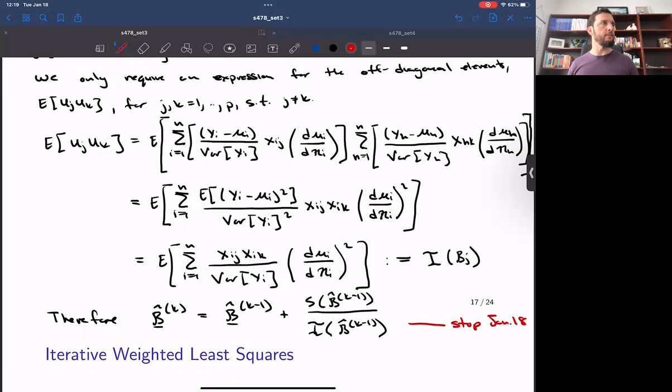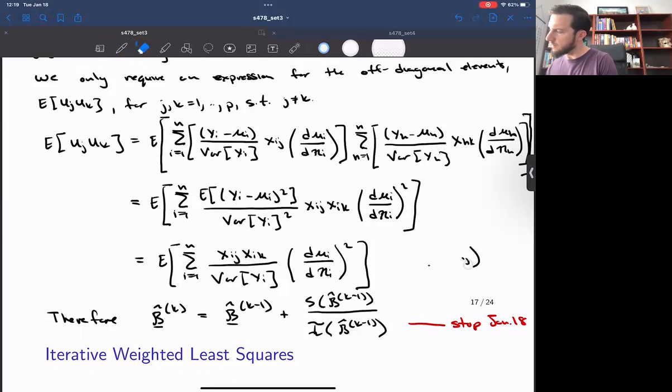Okay, so we have here the, oh, sorry, this is not correct. Yeah, this was a bit confusing. Okay, so what we have here now is an expression for the off diagonal elements of that information function, and we know what the diagonal elements are going to be because we derived an expression for that in the past.